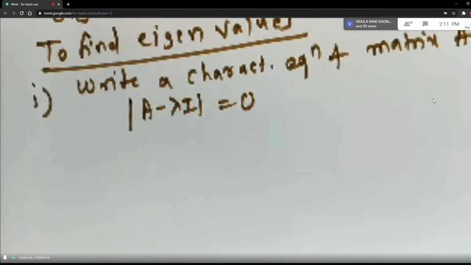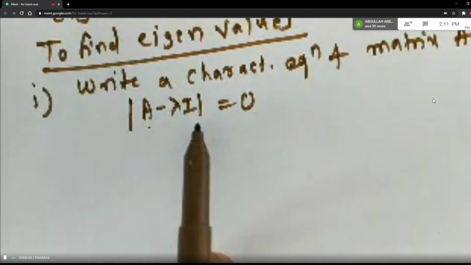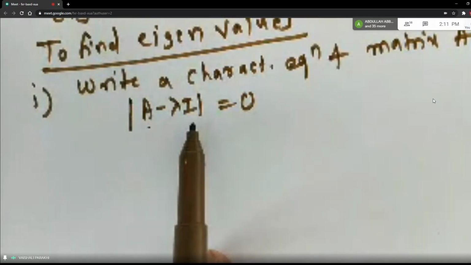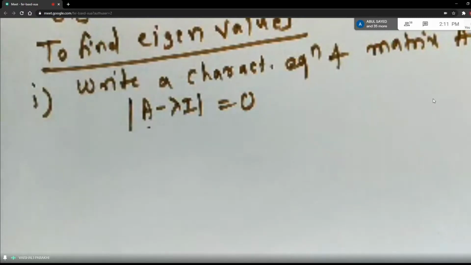So the characteristic equation is not a matrix equation. It contains the determinant. Once you write this, A will be a known matrix which is given, and I is the identity matrix of the same order. Then you solve this equation. Its order depends on the given matrix A. If A is of order 2, then this equation will be of order 2.